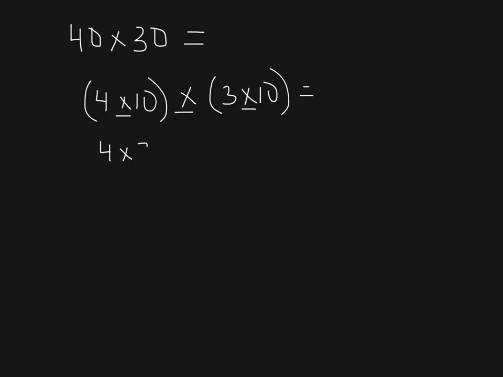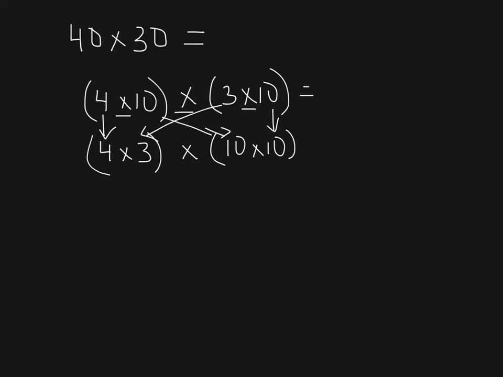So I have 4 times 3, and then I'll take the product of that part of my equation, and I'll multiply that by the 10 times 10 part. So I moved my 10s so they're together, and then I moved the numbers that weren't 10s so they were together. And of course, 4 times 3 is a basic fact.